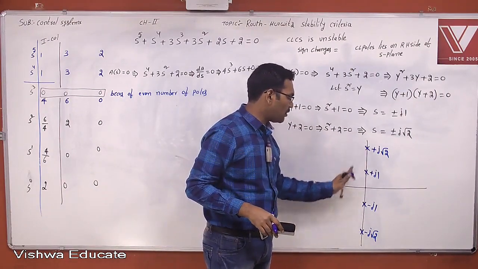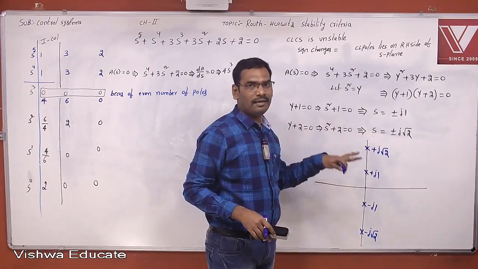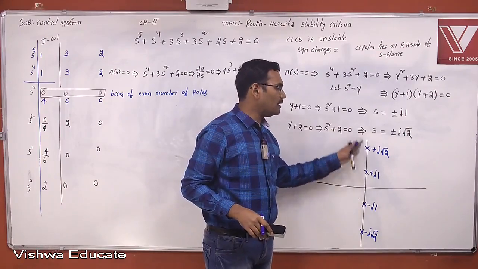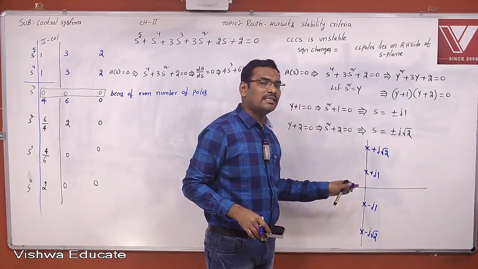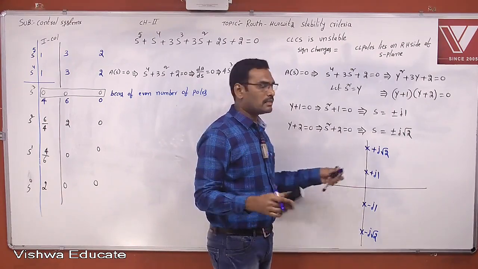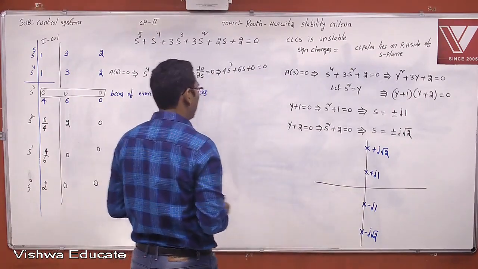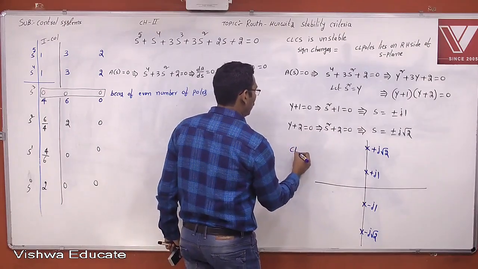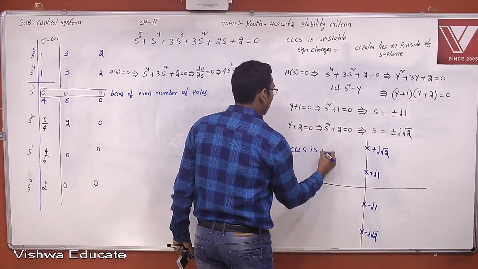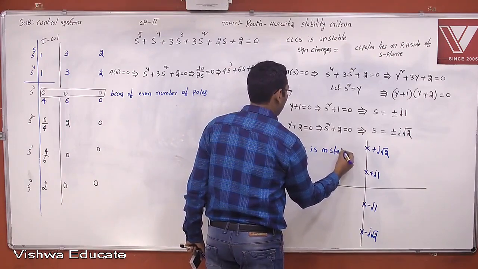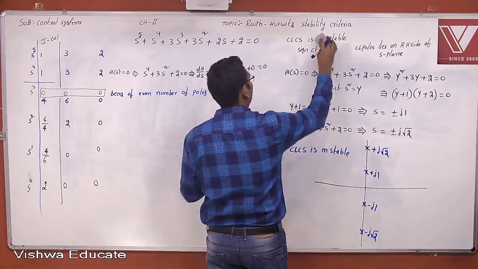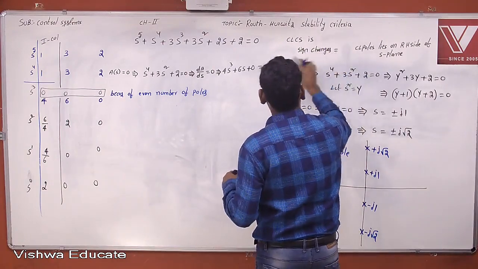How many total poles? 1, 2, 3, 4. Even number of poles. How are they arranged? Symmetrical. In which axis? On the imaginary axis. The system is marginally stable. Therefore, the closed loop control system is marginally stable. Am I right or not?